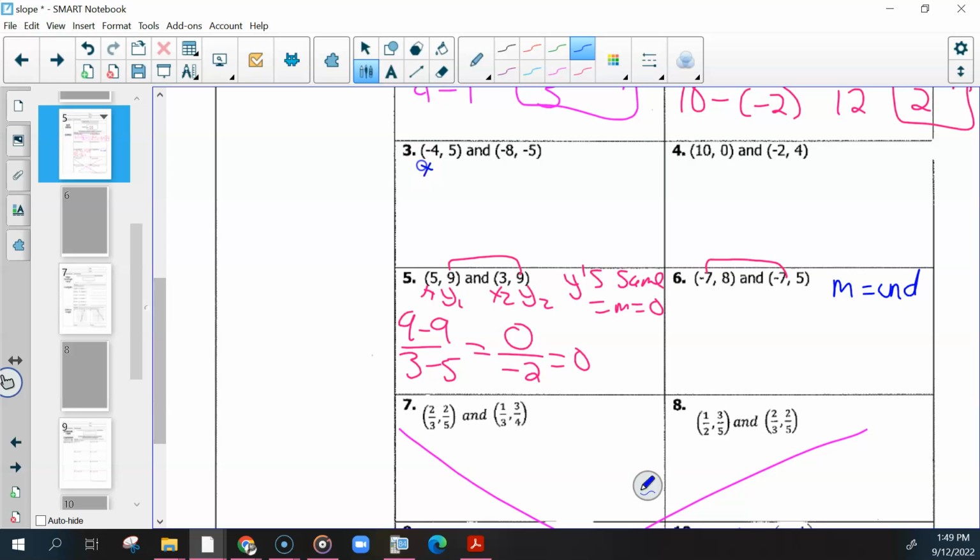Let's see. So negative 5 minus 5 over negative 8 minus negative 4. This would give us negative 10. This would become adding. Negative 8 plus 4 would give us negative 4. It's going to be a fraction.